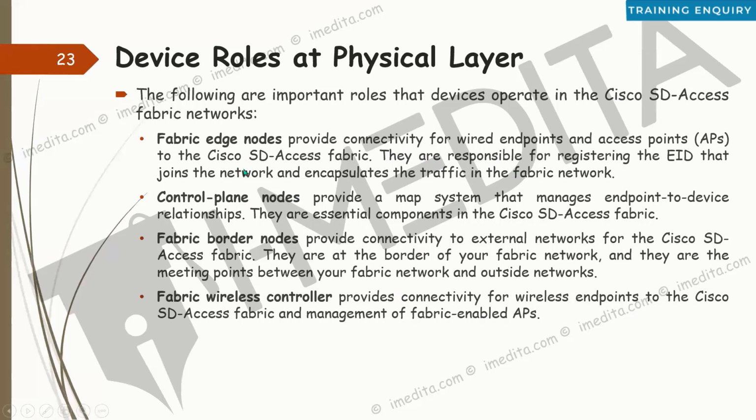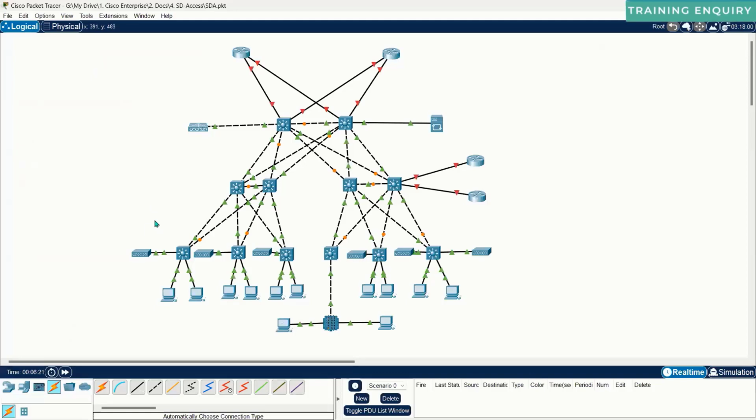Now, what happens whenever any device comes online? Let's say, for example, this device comes online and sends traffic to this particular fabric edge node. The fabric edge node is responsible for registering the information of this device. It is what we are going to refer to as the endpoint, and its IP address or MAC address is going to be referred to as the ID.